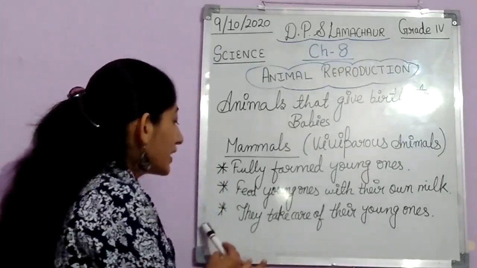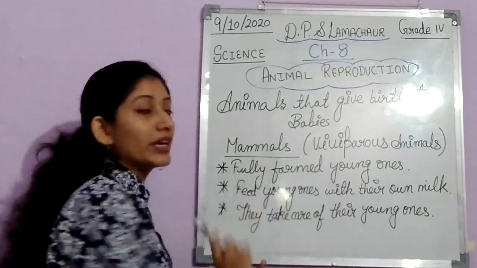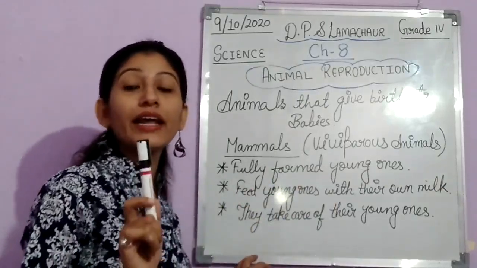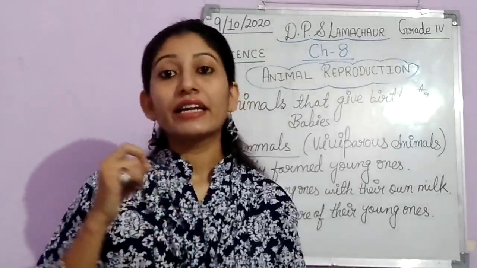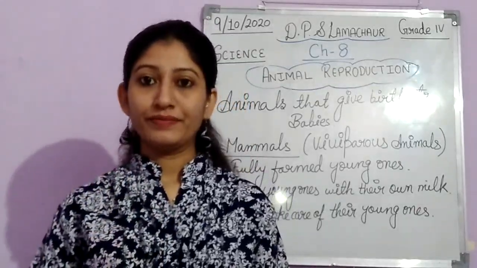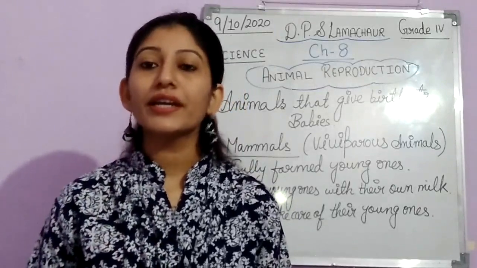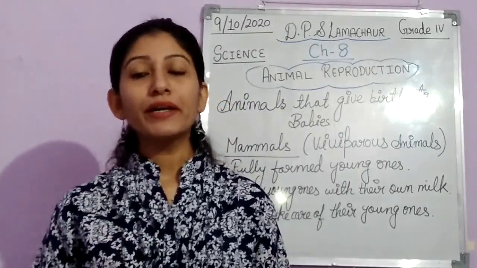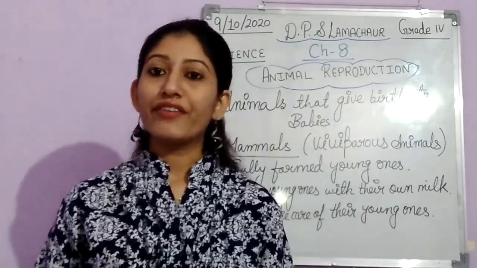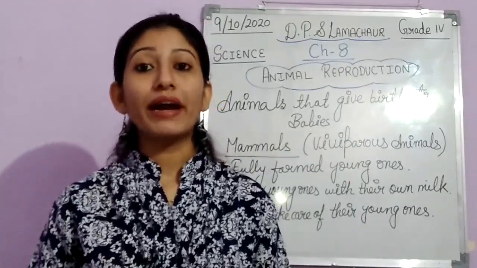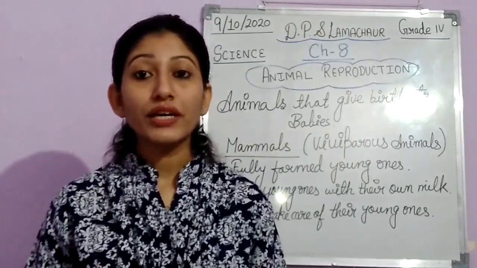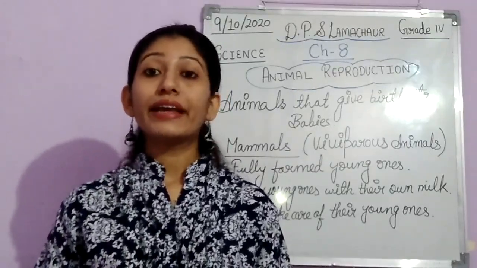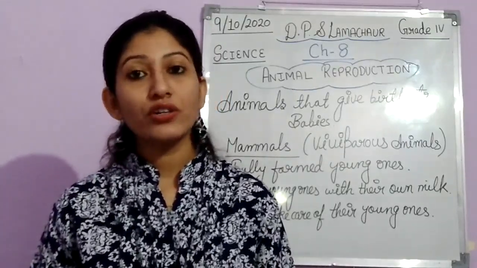And then these mammals take care of their young ones until they are able to do their daily activities by themselves. So I hope, student, that today you are able to understand whatever I have explained here. For better understanding, kindly open your science book also there so that you can relate the things, because pictures are also given.